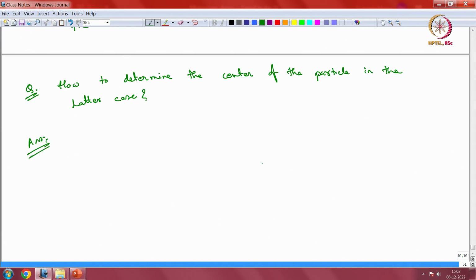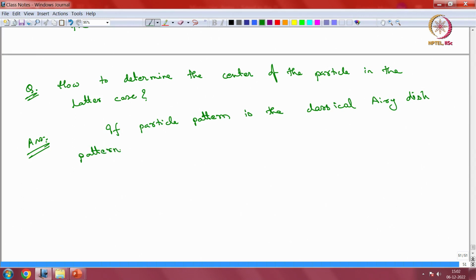So, what you can do is if the pattern of the image is what is known as the classical Airy disk pattern, then a 2D Gaussian curve can be a good fit. Now, again I am not going into the detail of the Airy disk pattern, because that is something that you would encounter in optics.